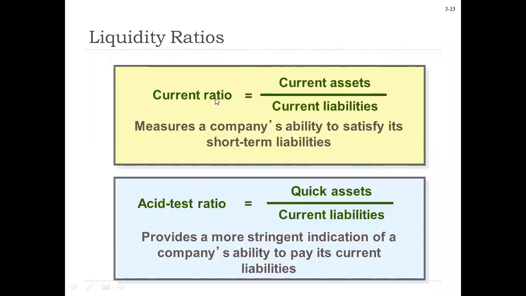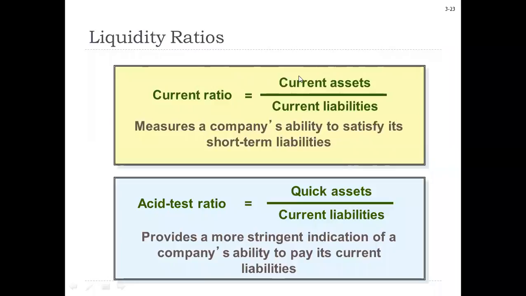So the current ratio is calculated as current assets divided by current liabilities. This measures how much cushion a company has to pay its current liabilities. How much more current assets does a company have than the current liabilities that it must pay?